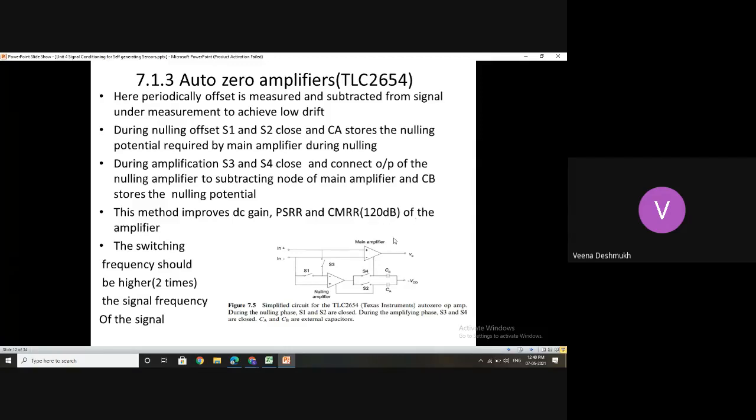As a result, you can achieve very high DC gains, plus the common mode rejection ratio is also very, very high, and the power supply rejection ratio, naturally from the data sheet whatever is available over this range, whatever correction you have to make, you can make, or else as it is, it will be very high because the offset is already taken care of. So that microvolt voltage doesn't come into the effect of this power supply rejection ratio.